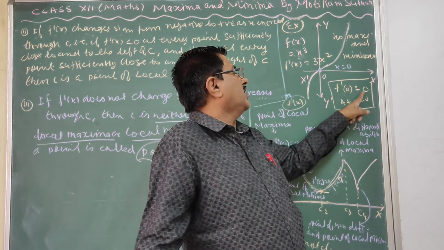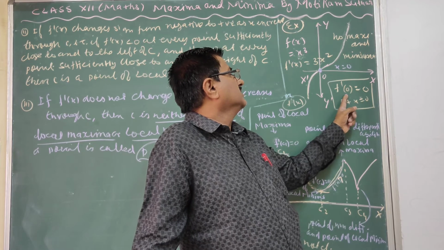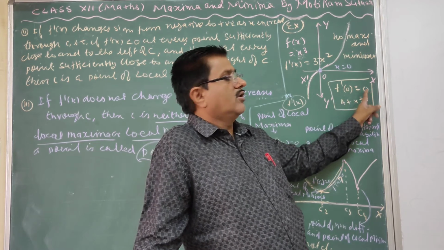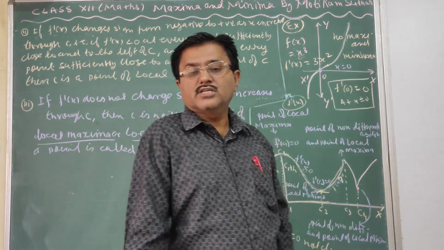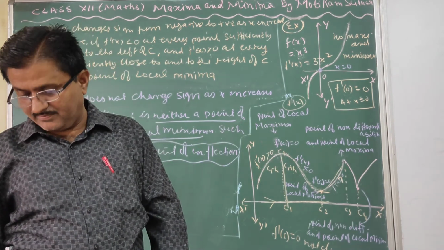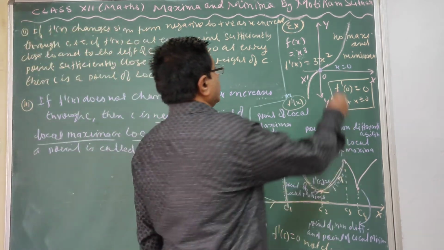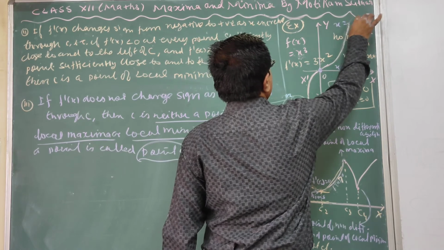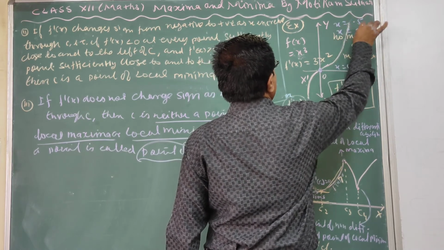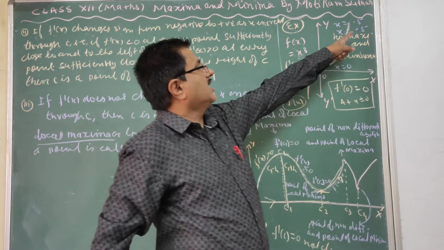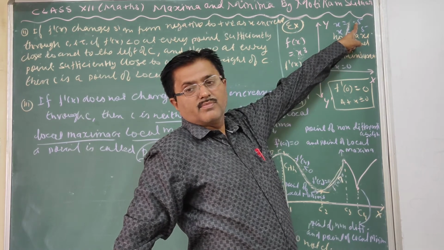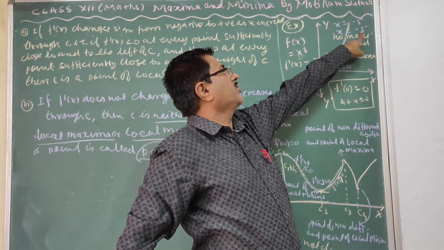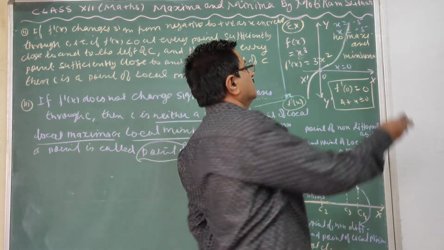Now if you put any point less than this and greater than this and find the derivative, the sign will always be the same. Clear? You may take x equal to 0.5 or x equal to minus 0.5. So x is changing or increasing from negative to positive.